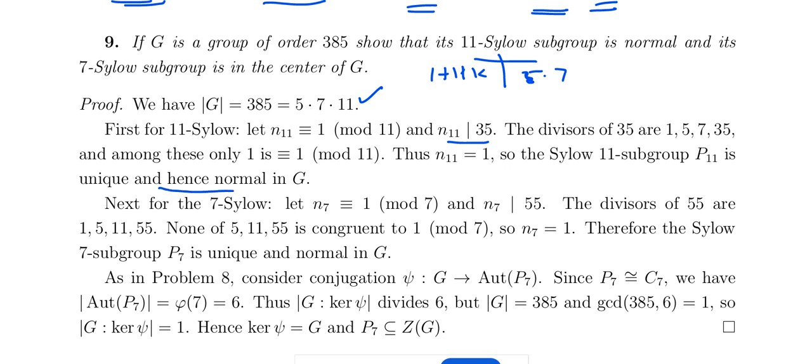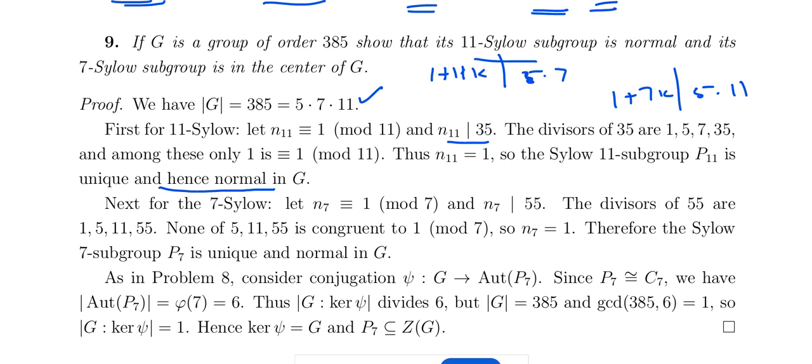Unique means normal. Similarly for the 7 Sylow subgroup, 1 plus 7k divides 5 times 11. K equal to 0 is obviously true, that is 1. K equal to 1 gives 8. K equal to 2 gives 14 plus 1, 15.